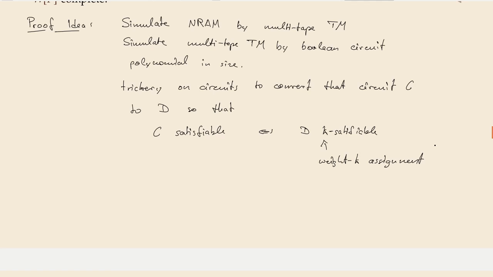So one of these from the block represents a number, and then you can convert this to the binary representation of the number and take that binary representation as input to this circuit.